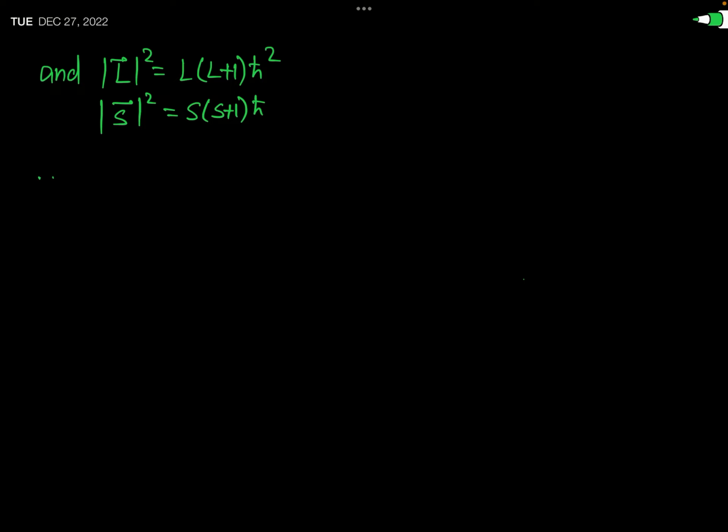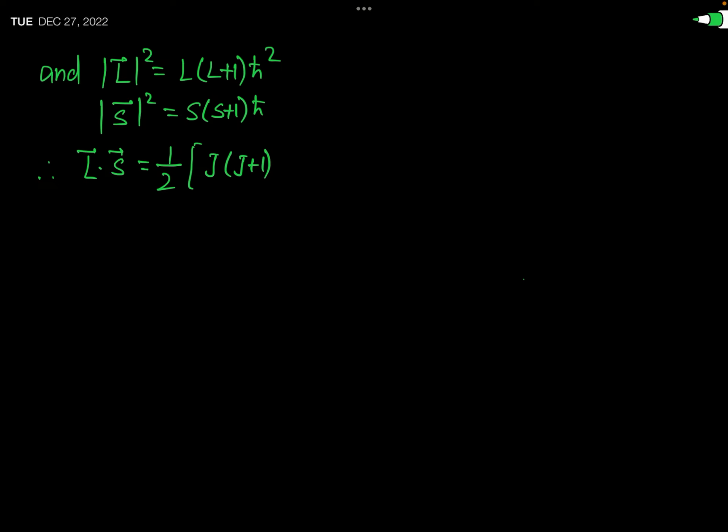And so when we put these values in the above equation where L dot S has been defined, you can see this is 1 over 2. Here mod j square will be j times j plus 1 times h bar square.